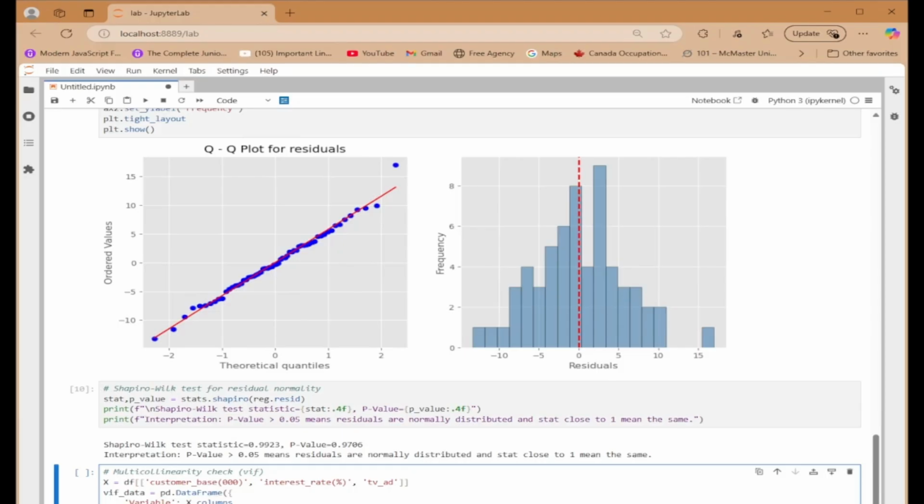So let me write the interpretation as well. Print f, with a docstring: VIF less than 5 indicates low multicollinearity, and VIF greater than 10 indicates high multicollinearity.